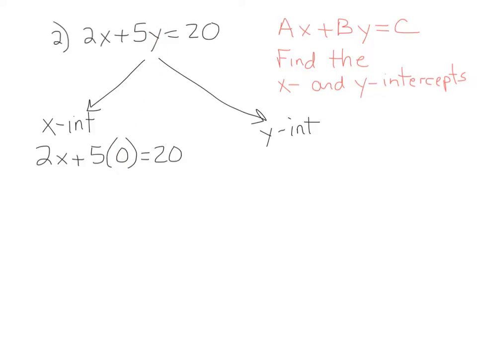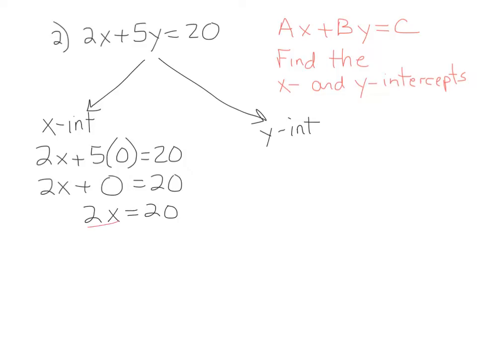Alright, you're going to love this. What's 5 times 0? Well, 5 times 0 is 0. So you're going to have 2x plus 0 equals 20. What's 2x plus nothing? If you have 2x and you add nothing, you're still going to have 2x.